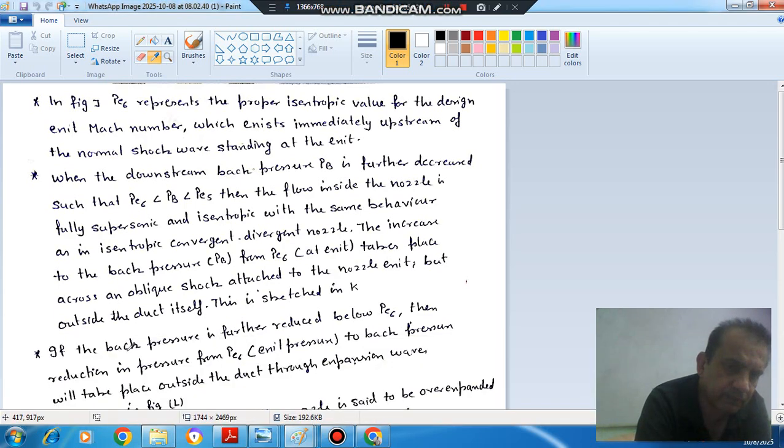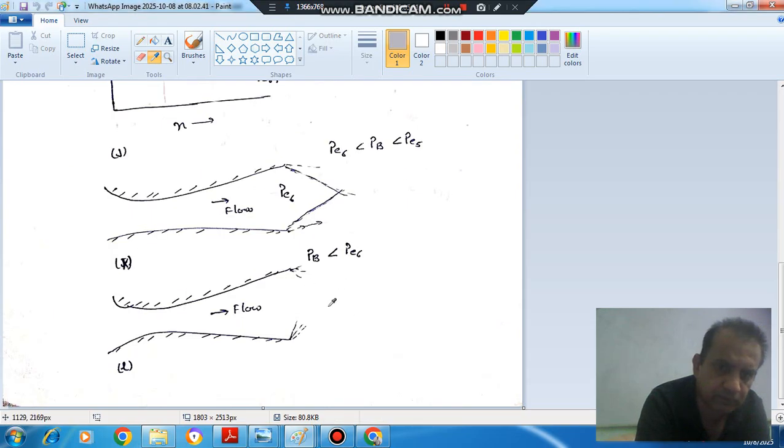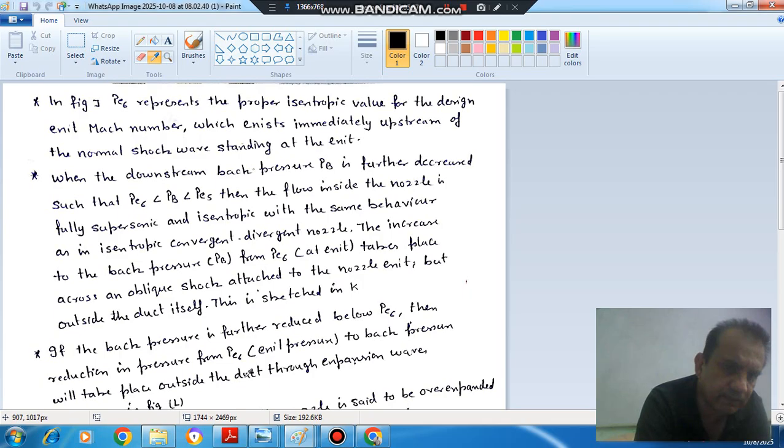Now next point, if the back pressure is further reduced below P6, and P6 is corresponding to isentropic expansion, then reduction in pressure from P6 to back pressure will take place outside through the expansion wave.